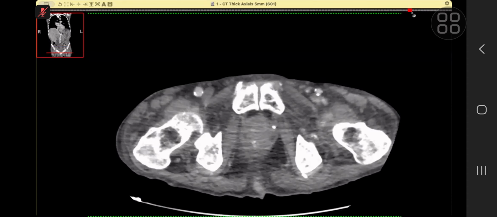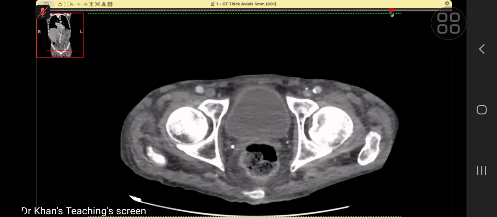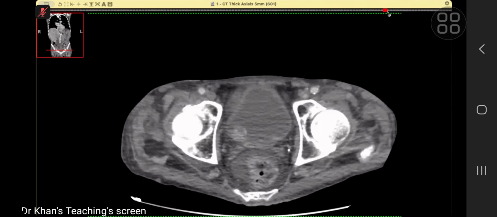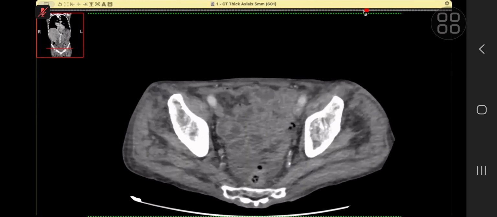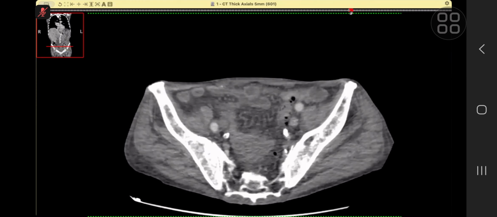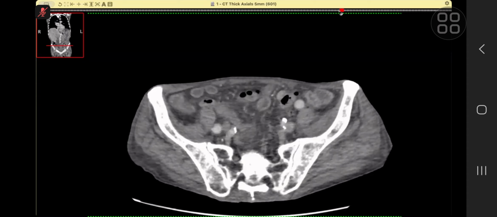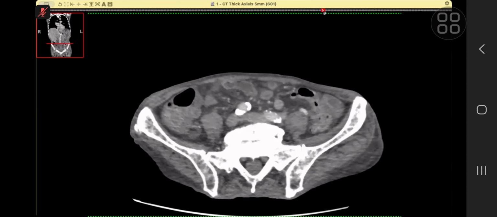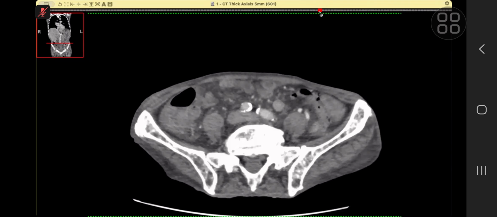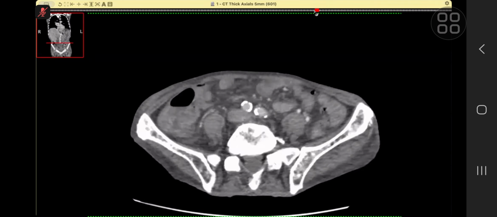So there's evidence of an asymmetrical circumferential bowel wall thickening involving the gastroesophageal junction with resultant proximal dilatation of the esophagus. There are also multiple variable sized heterogeneously enhancing lesions seen in the liver.